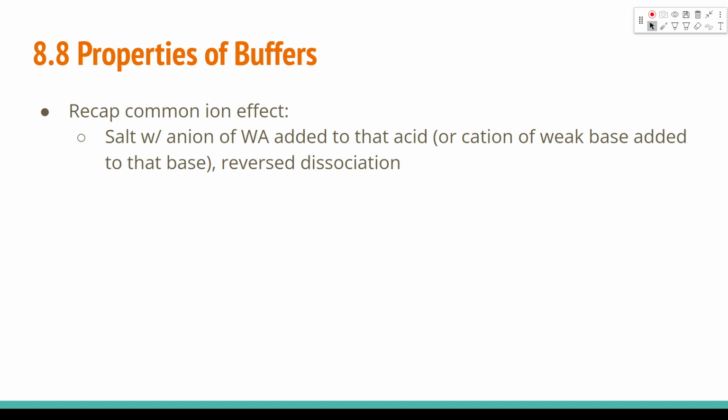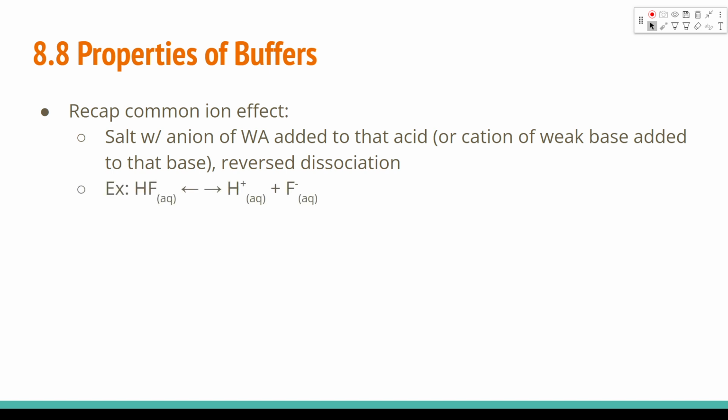AKA, we can make more weak acid because there's too many ions in solution. If we think about Le Chat, if I have too many ions in solution, the system is going to increase the probably reverse rate depending on how this equilibrium is written. And so you're going to offset those extra ions.